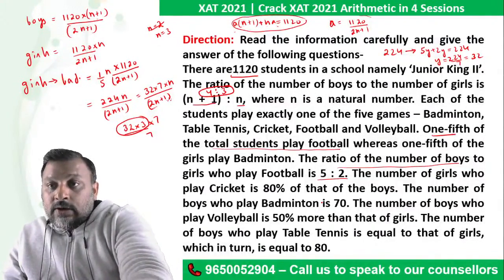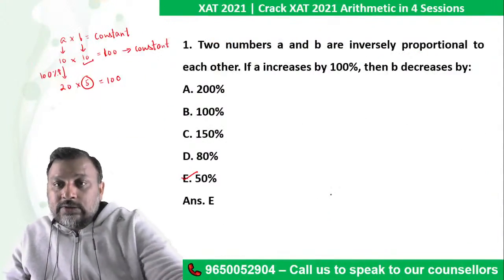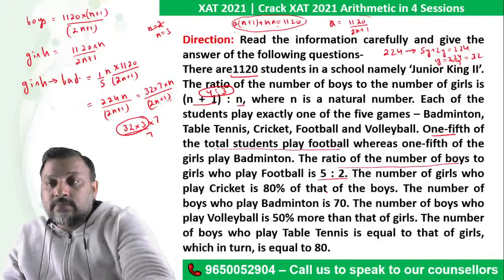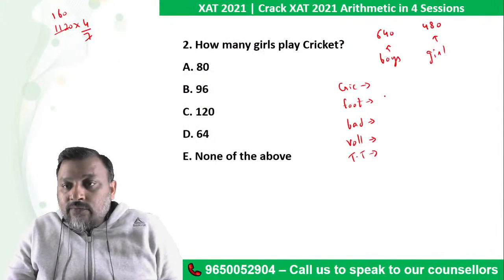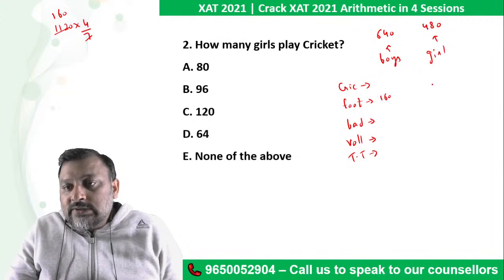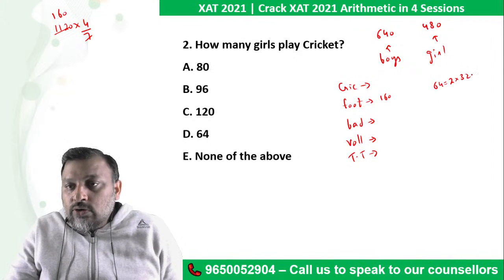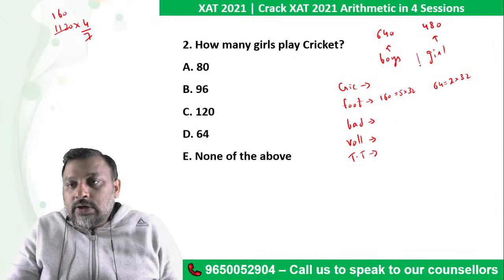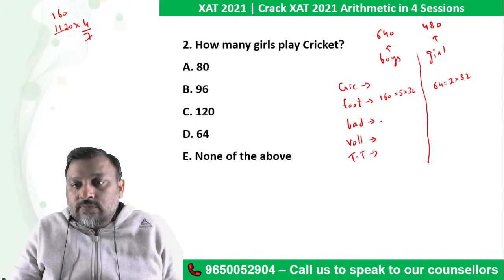So the number of boys and girls playing football, it is 5 into 32, which is 160, and this is 2 into 32, that is 64.